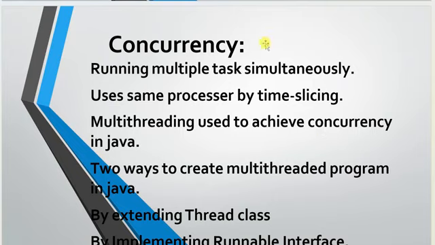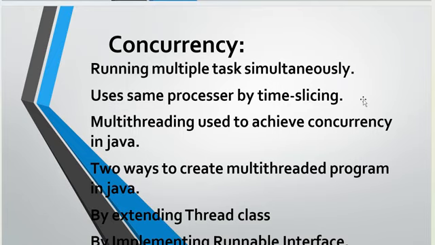Next is concurrency. Multiple tasks running simultaneously, we say it is concurrency. Concurrently, we are running multiple tasks. It uses the same processor by time slicing. The processor will be the same, and threads will use it in small time frames.